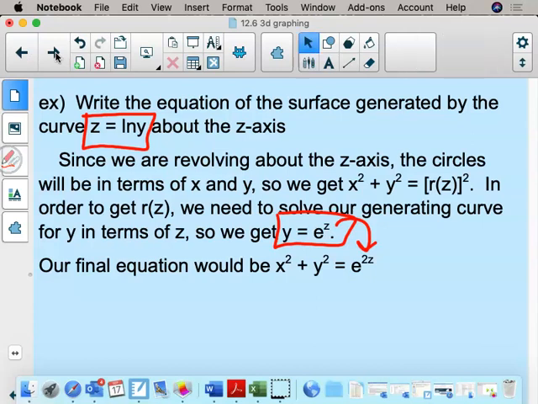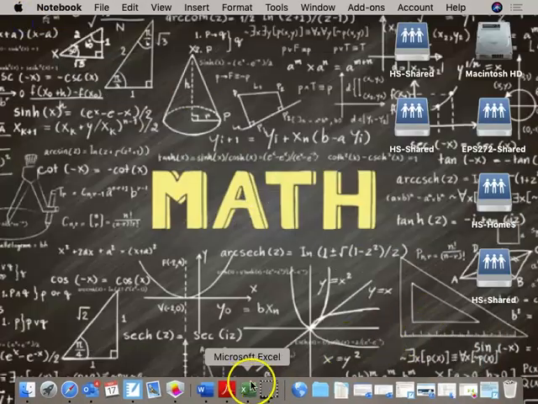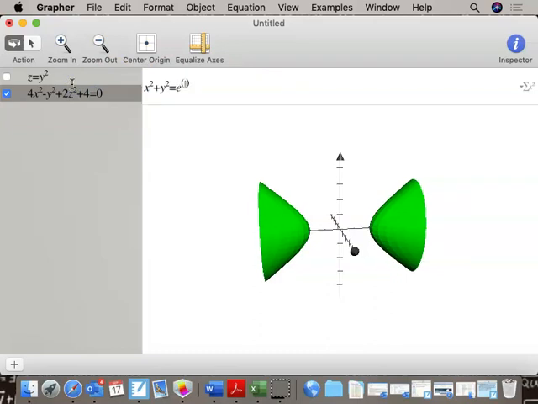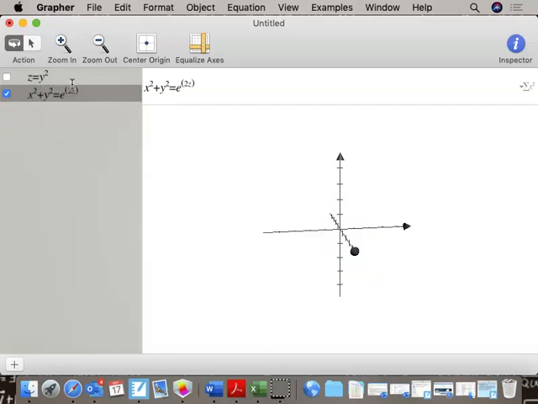So if we graph x squared plus y squared equals e to the 2z, let me show you what happens. So let's see. X squared plus y squared equals e to the 2z.